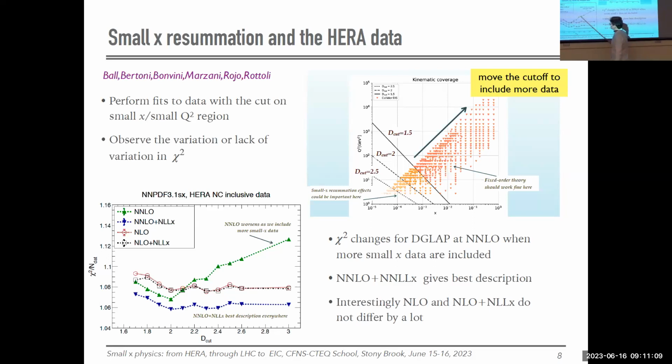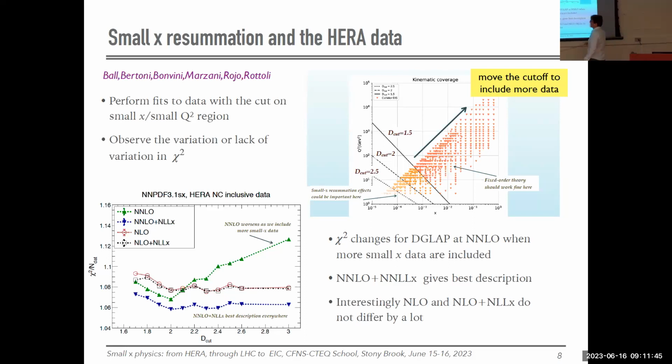So here there are more data cut, and here more data are included. And so we see that there is a variation in chi-square at fixed next-to-leading order DGLAP as you include more and more small x data. Okay, so something is going on here. Whereas if you include the resummation, this blue, it stabilizes. Now, it gives a hint that maybe there is something beyond DGLAP going on here.